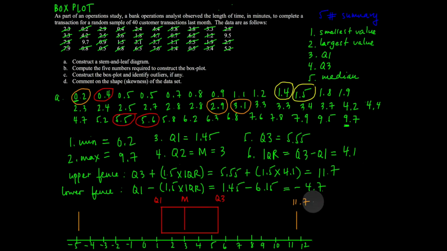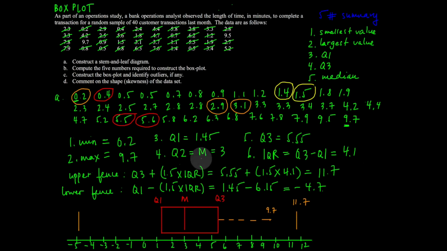What is the last data set before hitting the fence? It's going to be my last data set, which is 9.7, right? So right over here at 9.7, my whiskers are going to go until there. So let's just go ahead and draw these. And this is because my last data set here is at 9.7, okay?